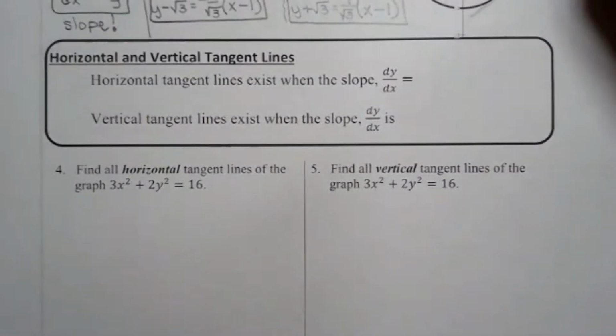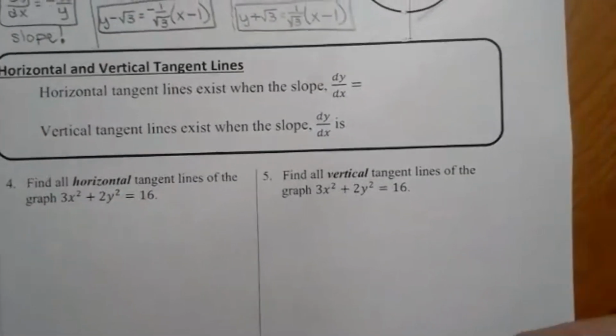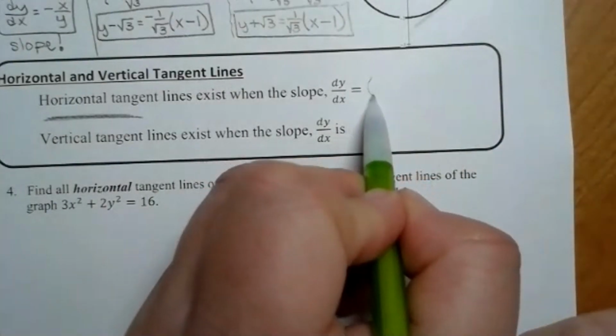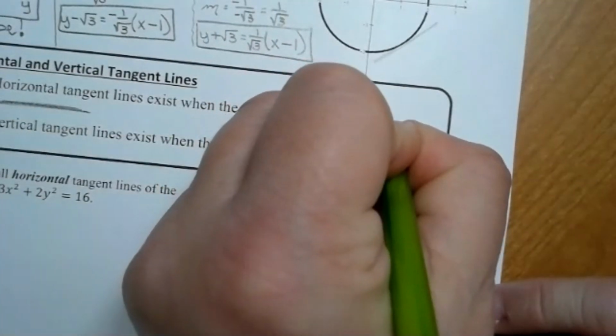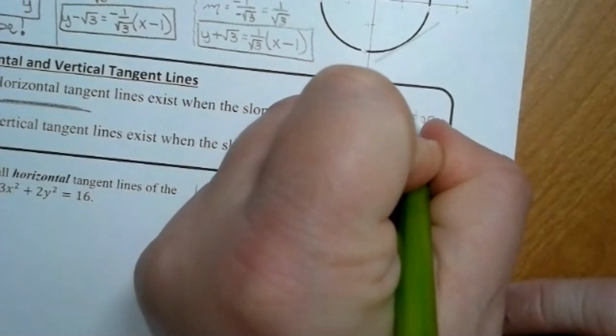All right, a lot of times with implicit differentiation, they're going to ask you about horizontal and vertical tangent lines. Keep in mind, a horizontal tangent line exists when the slope is equal to 0, which means that your numerator is equal to 0.